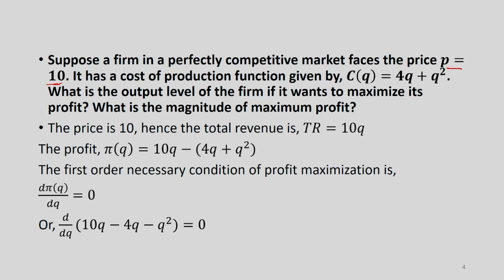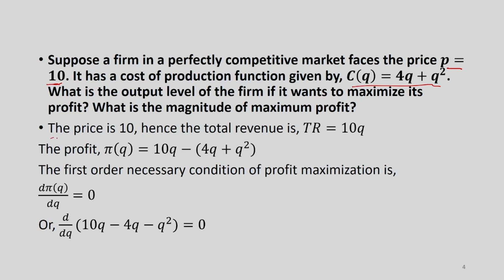The cost of production function is given by C(Q) is equal to 4Q plus Q square. Question is, what is the output level of the firm if it wants to maximize its profit? Secondly, what is the magnitude of maximum profit?